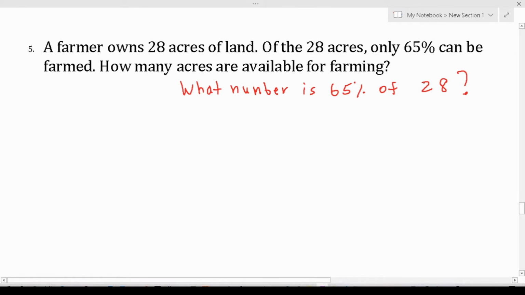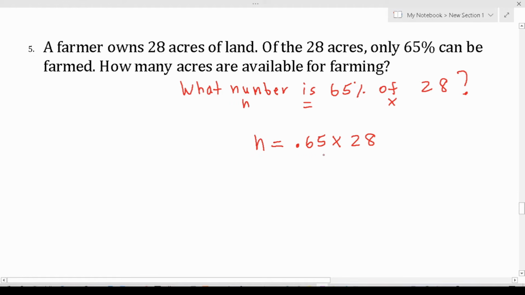Again, we have all the elements to easily translate this into an equation. n is what number, is means equal, of means multiply. So let's do this. n equals 0.65 times 28. And by working this out, we'll know exactly how many of those acres are available for farming.